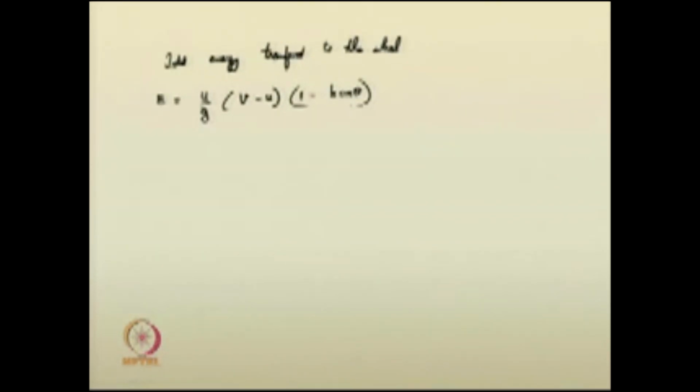One can easily arrive at this using the Euler turbine equation and Bernoulli's equation. Here U is the tip velocity of the rotating wheel, and V is the velocity of the jet.